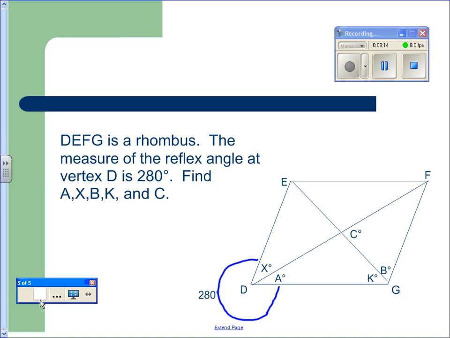All right. So it tells us that this is a rhombus. So what does that mean about the sides? It is not a square. The sides are equal. What else do we know if it is a rhombus? These two equal these two. What else do we know?